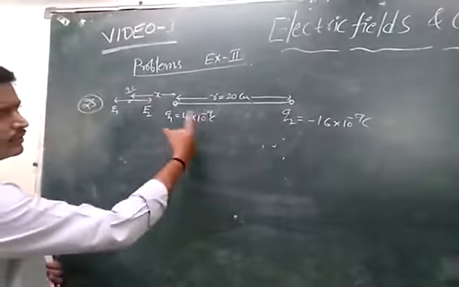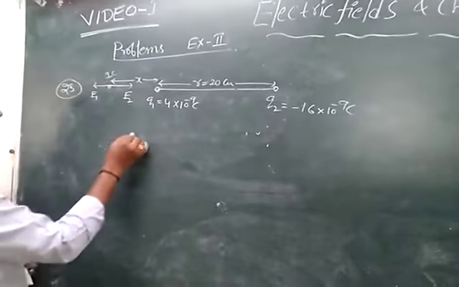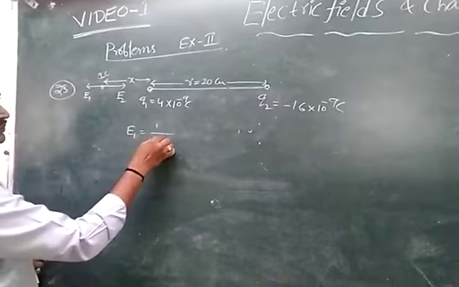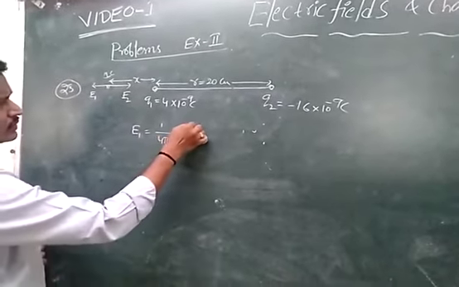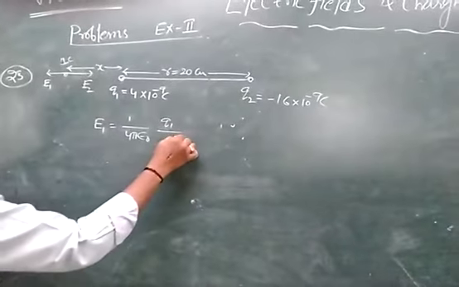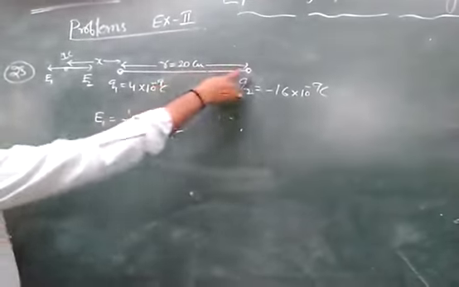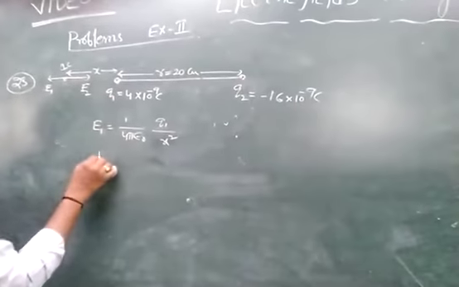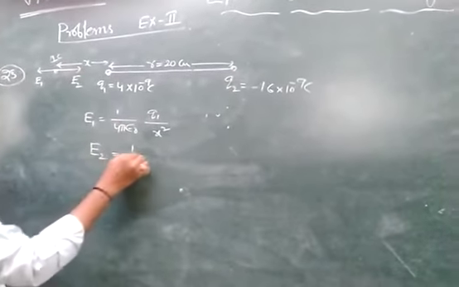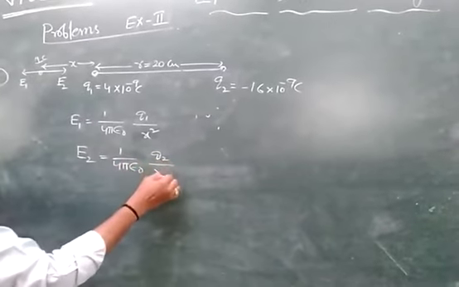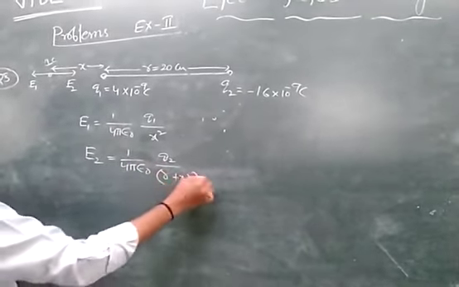Intensity at this point due to the first charge is E1 is equal to 1 by 4 pi epsilon naught into Q1 divided by x square. Intensity at this point due to the second charge, E2, is equal to 1 by 4 pi epsilon naught Q2 divided by (R plus x) whole square.